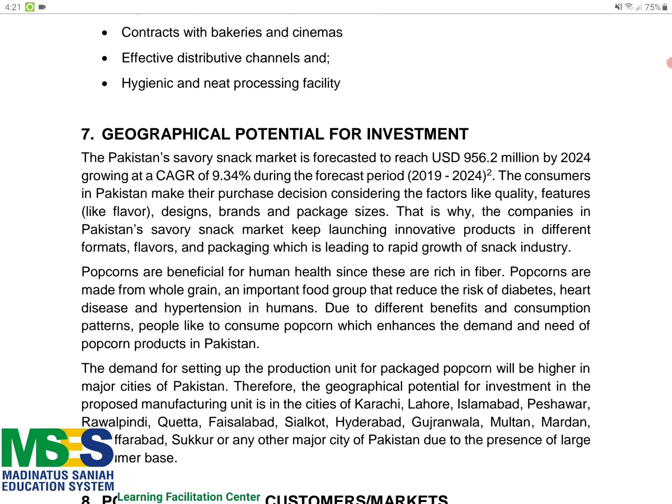So 956 million dollars are spent every year in Pakistan on chips, papad. This is how much we spend on papad. So it's a huge market, nearly 1 billion dollars.